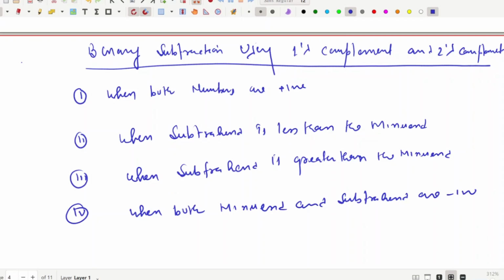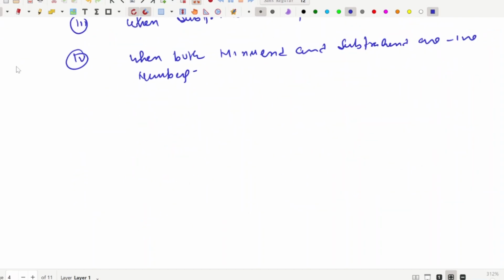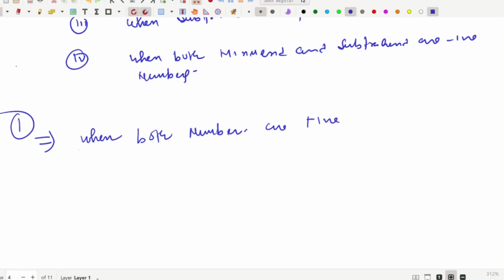When both numbers are positive, there is no need of complement. We just write the binary equivalent of that number and then we perform a binary addition, there is no need of subtraction.